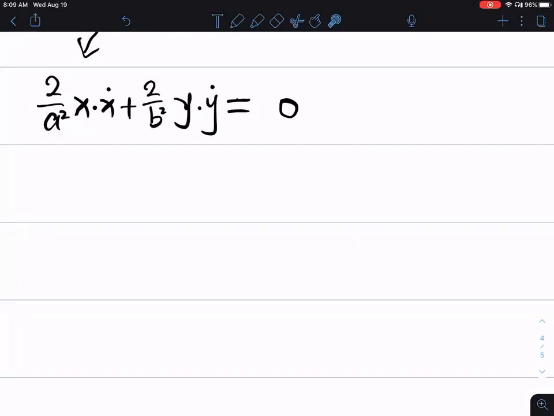Speed, right? Remember that? In this class, if you see the derivative of something with respect to time, that either tells you speed or it could tell you acceleration. So y dot tells you what?